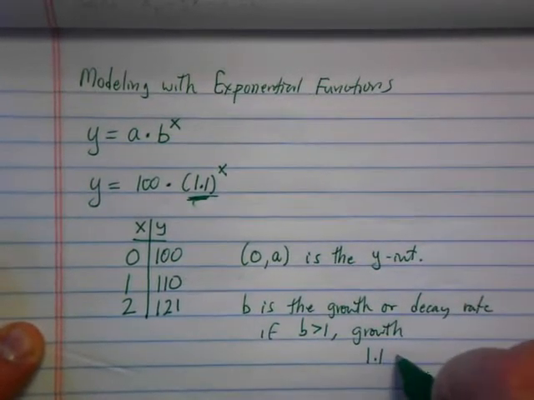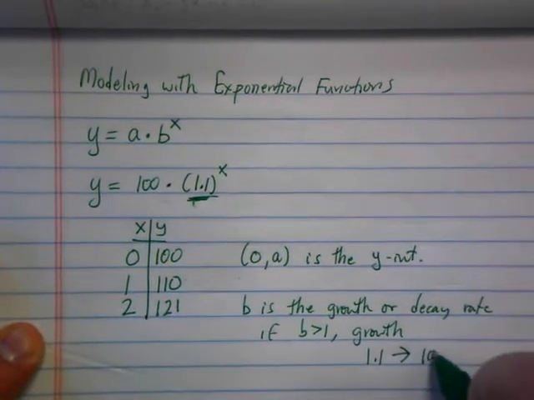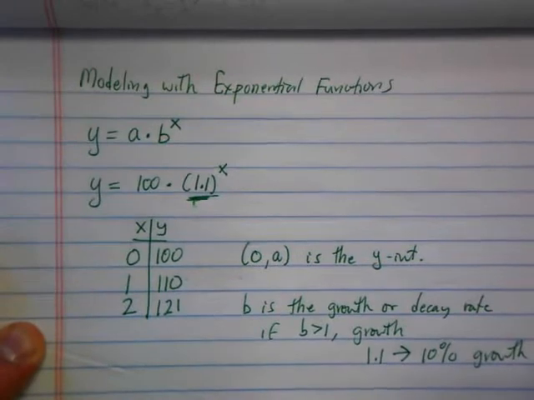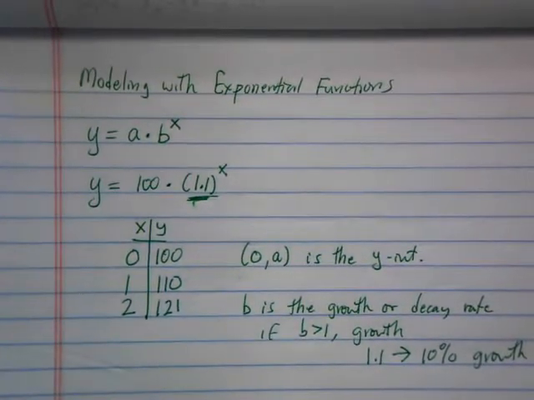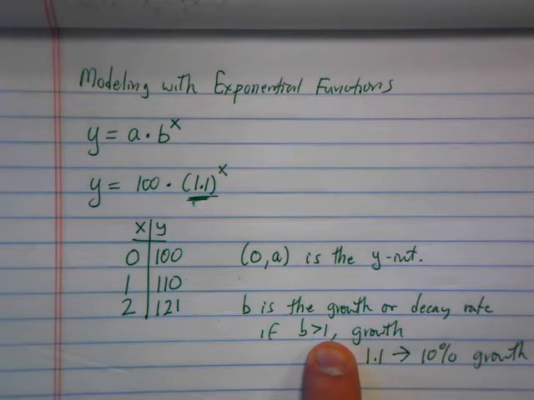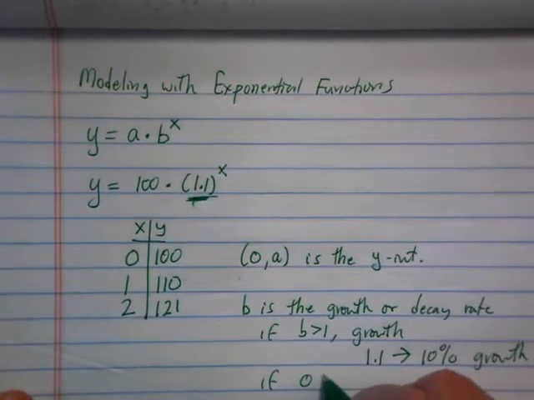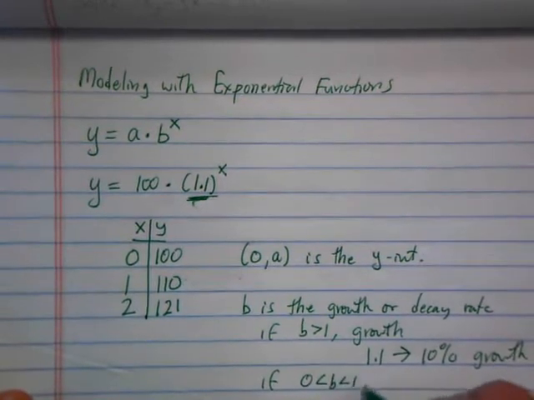So a 1.1 turns into a 10% growth rate. When do you think you would have decay? If b is bigger than 1, you have growth, so when b is less than 1, you're going to have decay. Except remember, b has to be a positive number, so if b is between 0 and 1, you get decay.